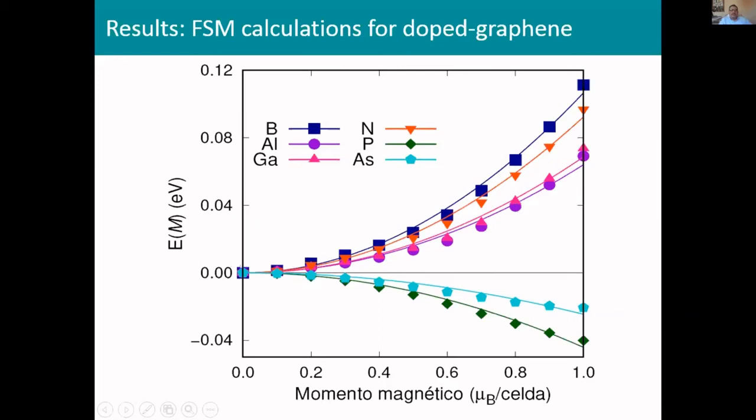They prefer to stay in the paramagnetic state. Another feature that we learn from this plot is the behavior. As we can see, there are strong ferromagnetic systems. That means that the impurity band is fully polarized.